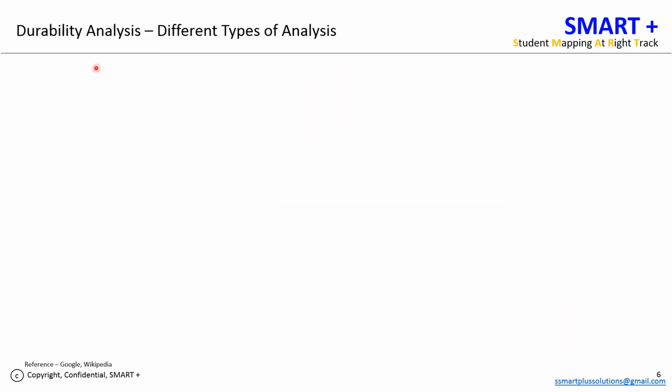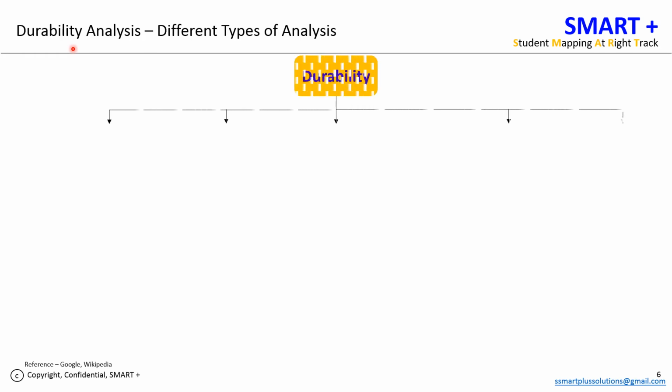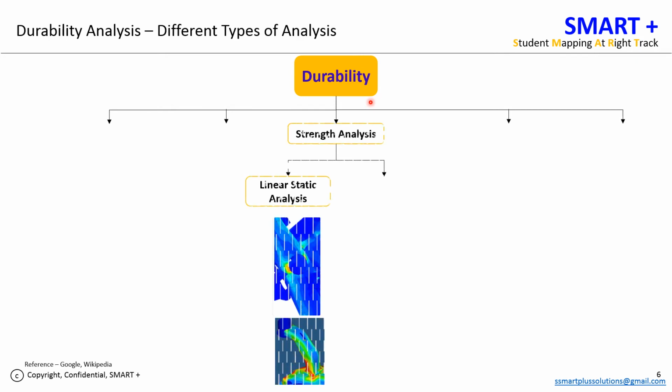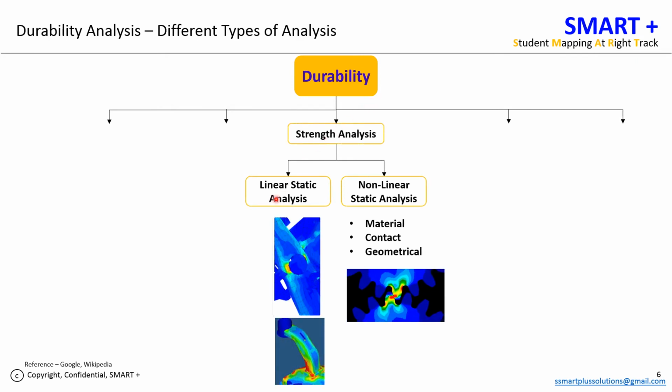Then what is durability analysis and what are its different types? Let's focus on the durability domain. Basically, the first one is strength analysis. It has two parts, linear and nonlinear. In nonlinear, there are different nonlinearities such as material, contact, and geometrical. We can see here that the material itself is not linear, that is, the stress-strain curve is not linear, so we have to consider nonlinearity.